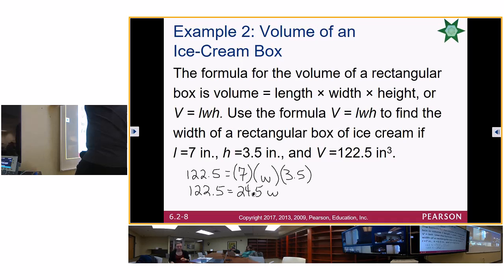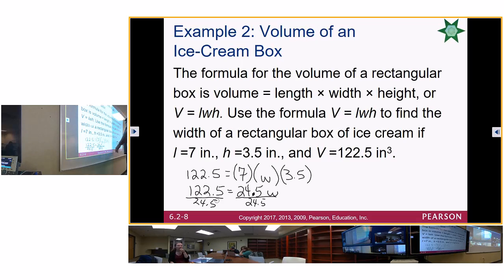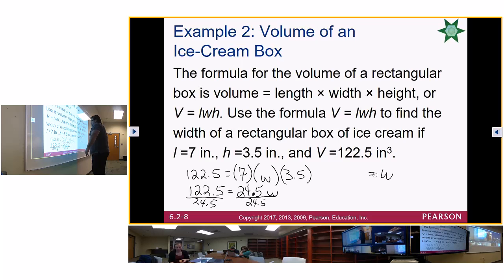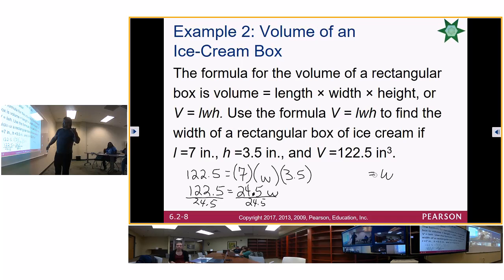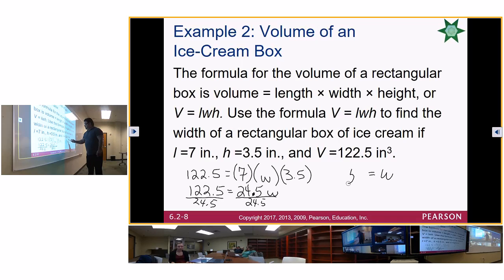And how do you undo multiplying by 24.5? Divide by 24.5. And somebody do that math on your calculator. And our width is equal to, what's the width? 122.5 divided by 24.5, 5 inches.